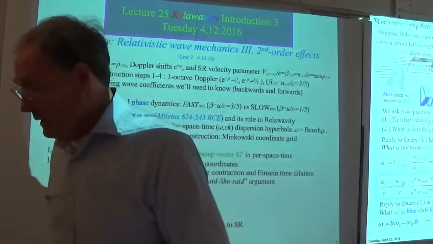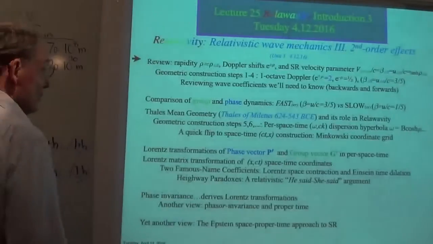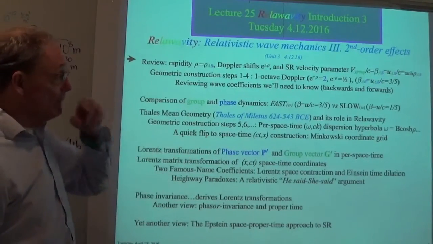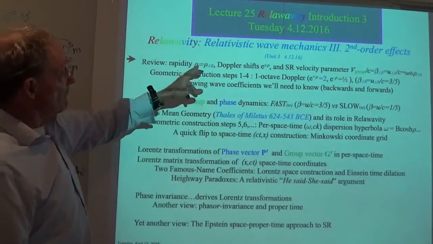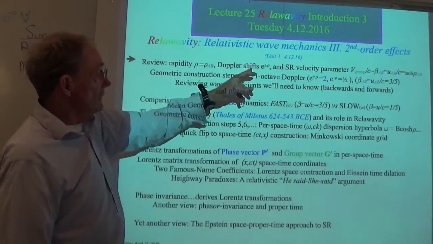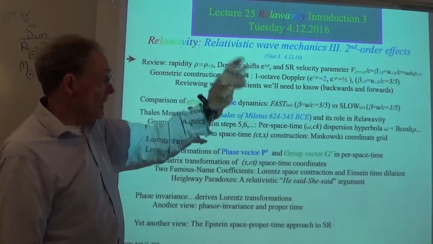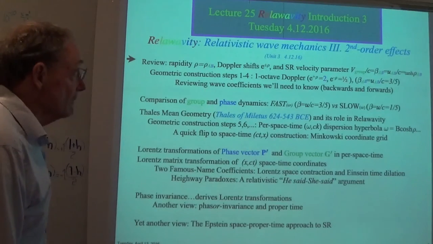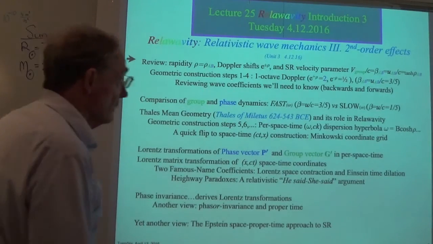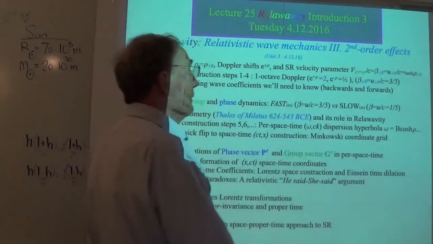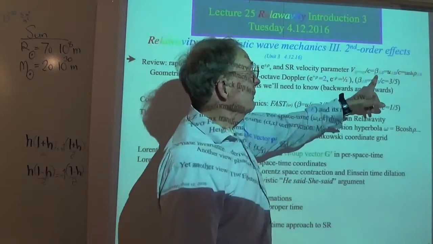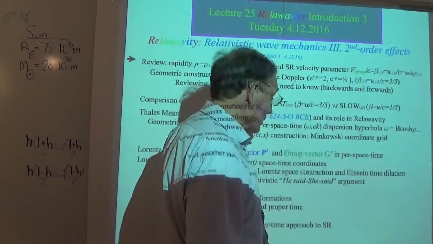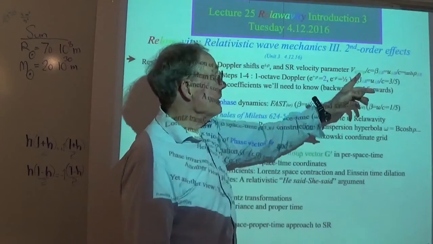And we will make use of some of the cute little formulas that came up yesterday involving the rapidity, the exponential of the rapidity, which are Doppler shifts, the velocity parameter for special relativity, the thing that is pretty much standard in all of the relativity texts, with the exception of one that we'll be mentioning at the very end.